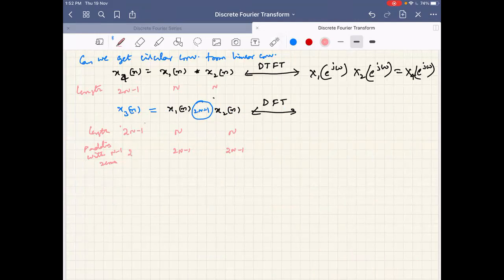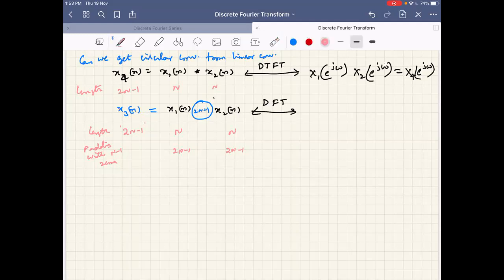Here also, 2n minus 1 naturally comes, there is no padding of zeros. So we are able to match the lengths of x3 of n and x4 of n by initially padding these sequences with zeros and then performing a 2n minus 1 point circular convolution.